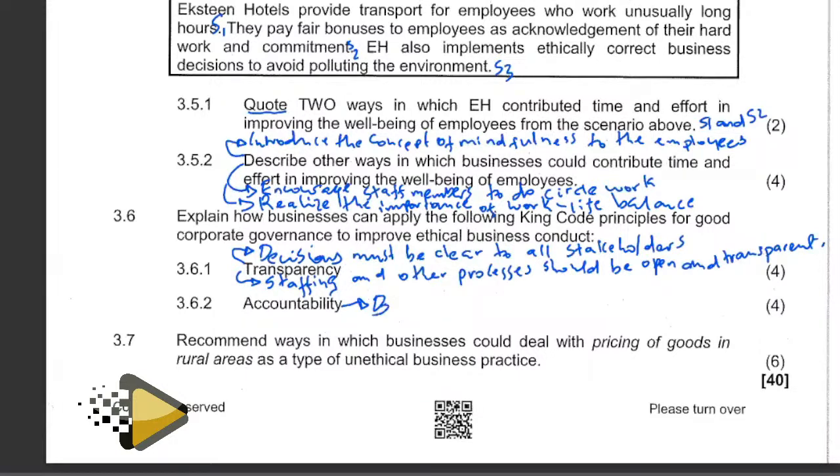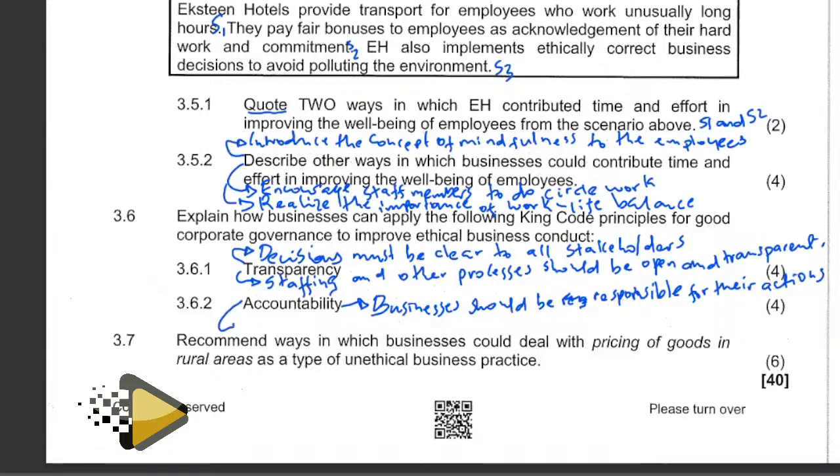Businesses should be responsible for their actions.